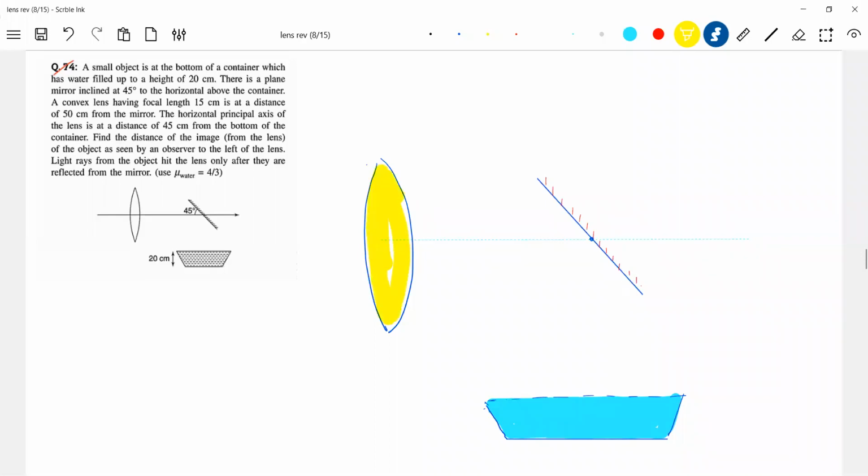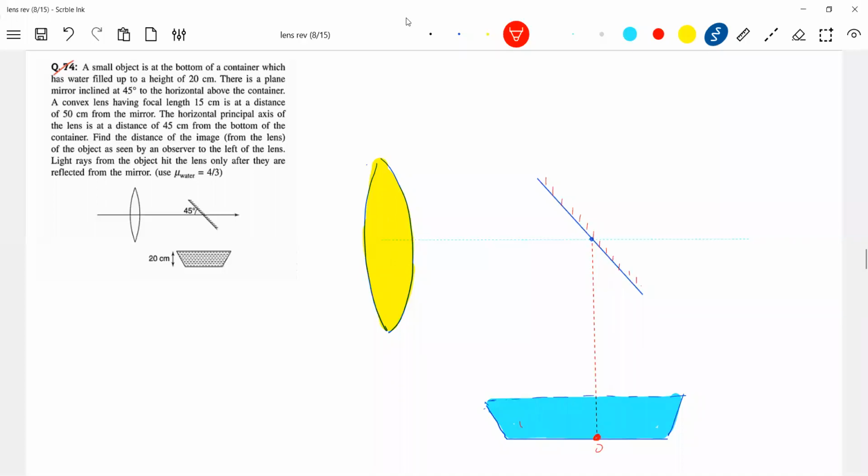Now see all these things. Let's take some object here. We'll take the reference like this; it'll be easy for us to draw diagrams. So here is where I kept an object.